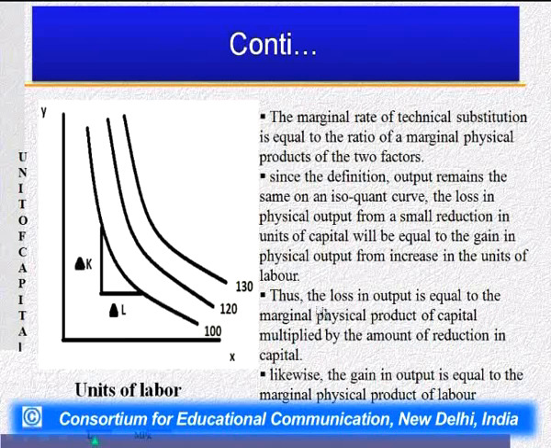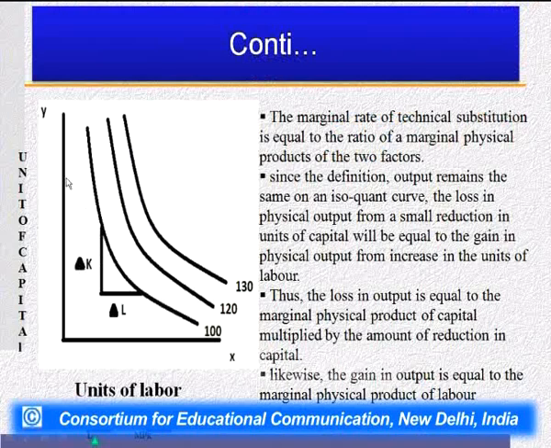The concept says the loss in output is equal to the marginal physical product of capital multiplied by the amount of reduction in capital. Likewise, the gain in output, suppose you increase the capital, now the units of labor are also increased, and you get a maximum output because of the previous curve.